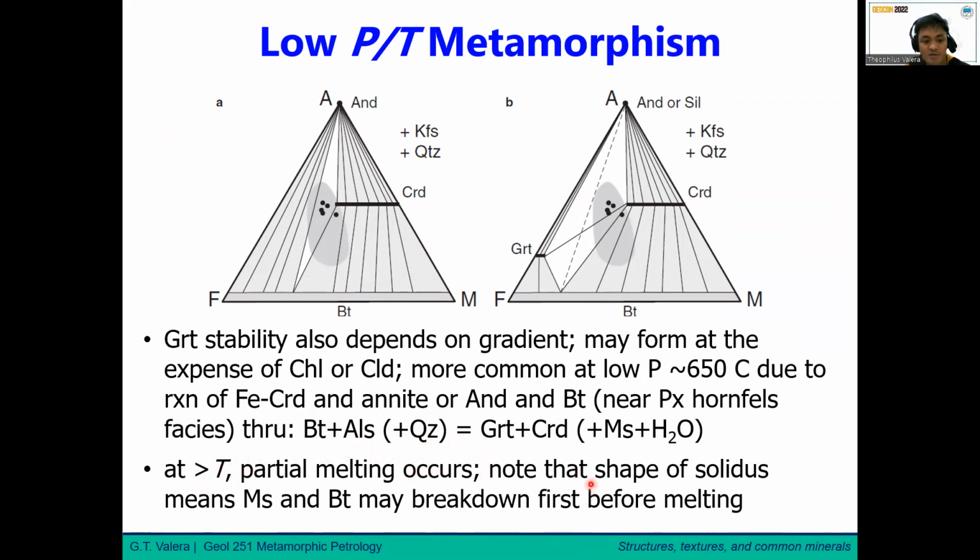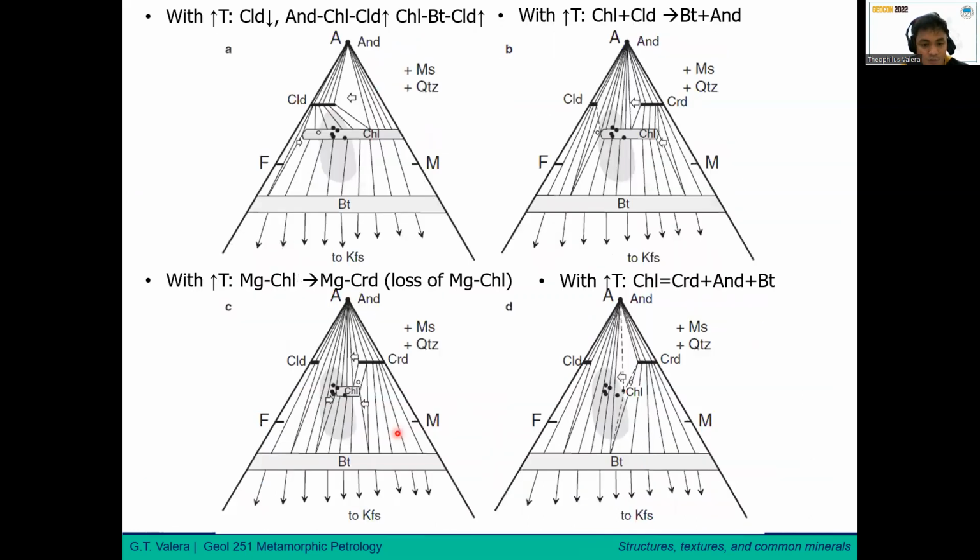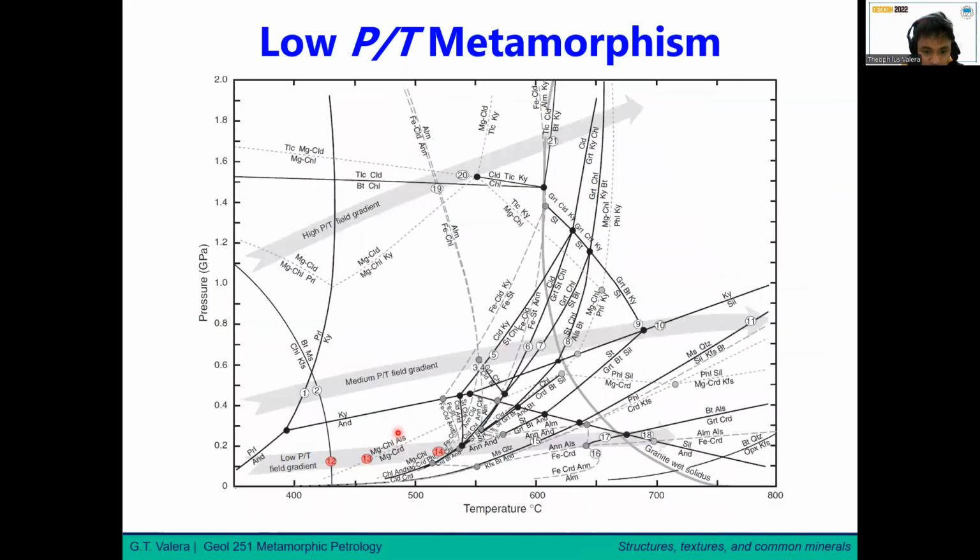Note that the shape of the solidus means that muscovite and biotite may break down first before melting. Ito kasi yung granite solidus natin. As you can see from here, at lower pressures, mas mataas yung temperature required.